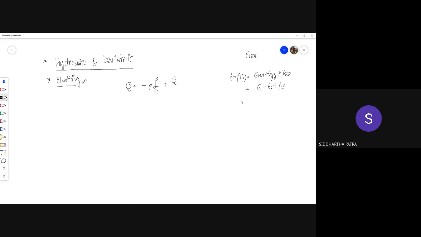Let's take an average of that, and that would be the trace of sigma by 3. And that actually is your minus p. This part has the same trace as sigma.